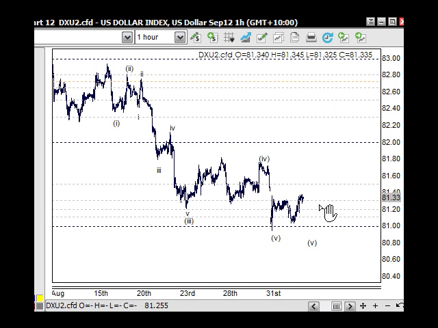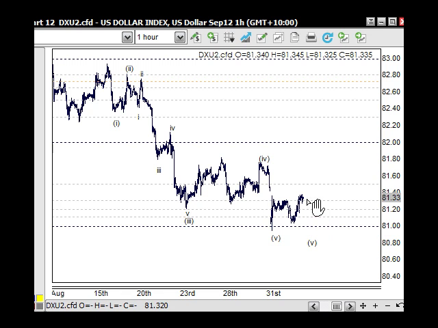But in the meantime here, what we can do is we can say that the Group 1 here, the 10, 20 and 30, if support maintains and gets developed on top of 81.30, then it's going to be positive here for the near term anyway for the dollar. And that will cause weakness in the gold and in the copper and so forth, and the oil and so forth.